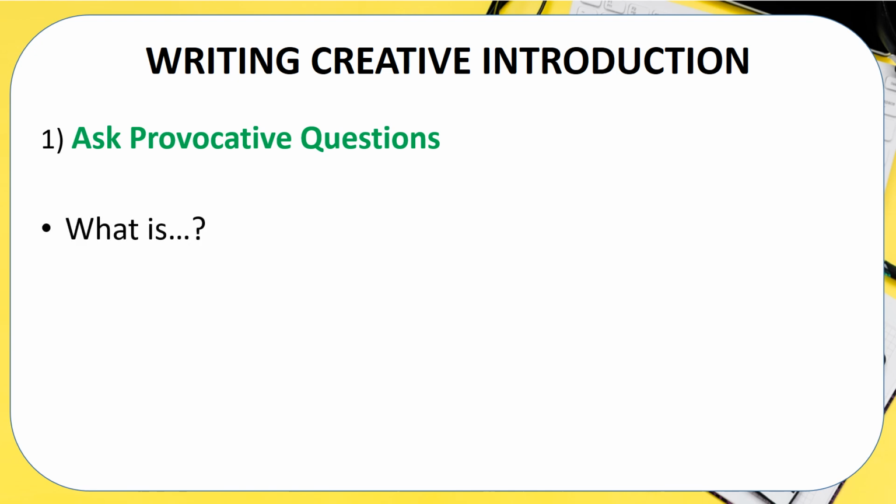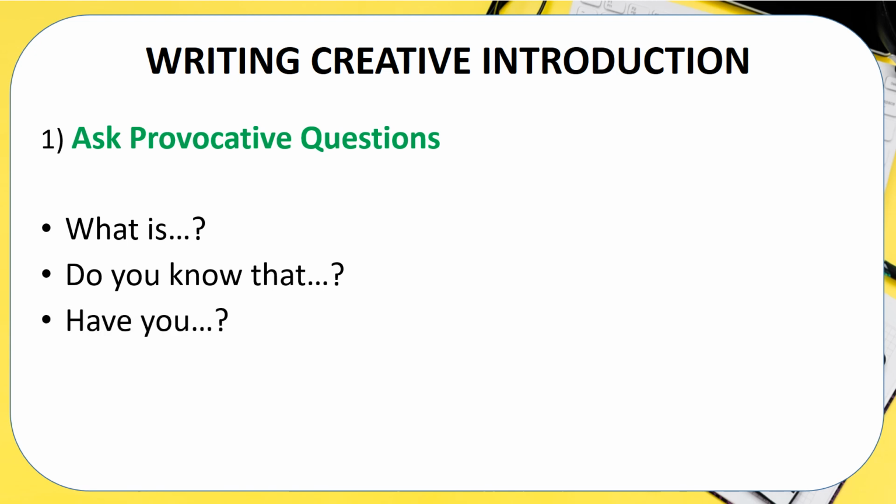So for this one, what is, usually you are asking about the definition, the meaning of a term. For example, what is traveling? And then we have, do you know that? So this one is asking the reader whether they know about something, about the background, the history of something, for example.